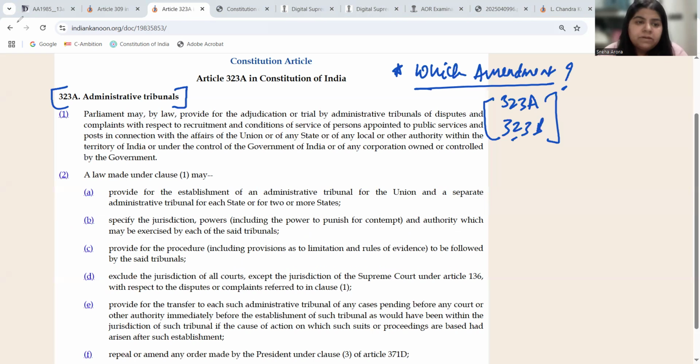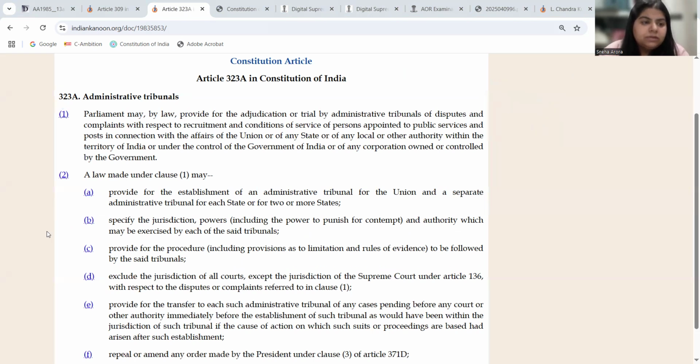When we talk of administrative tribunals, Article 323A provides Parliament the power to provide for adjudication or trial by administrative tribunals of disputes and complaints with respect to recruitment and conditions of service of persons appointed to public services and posts in connection with the affairs of the Union or a State or any local authority within the territory of India or under the control of the Government of India or any corporation owned or controlled by the government.